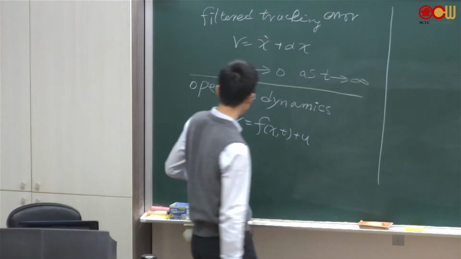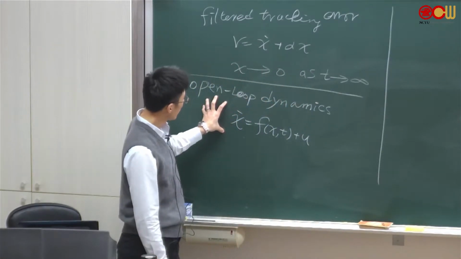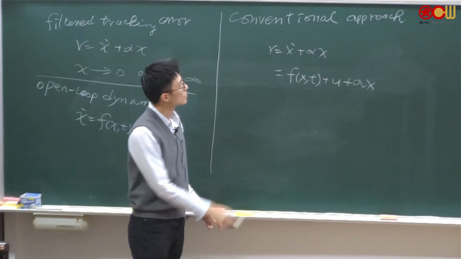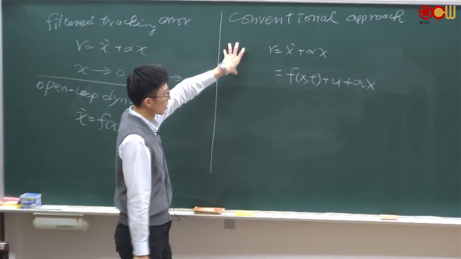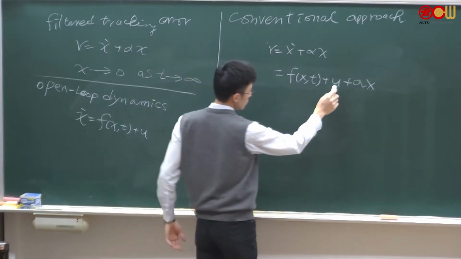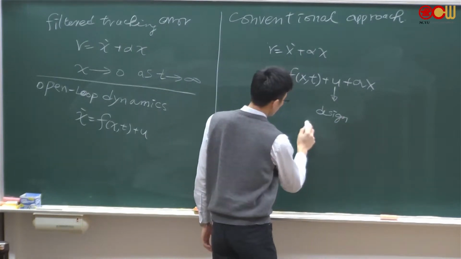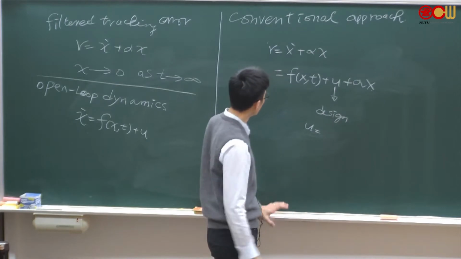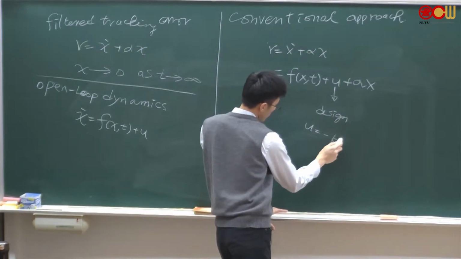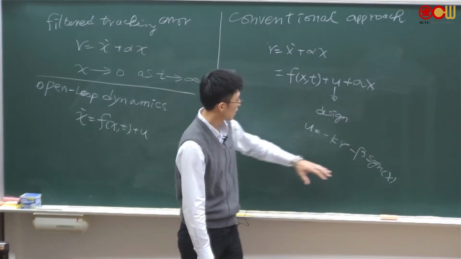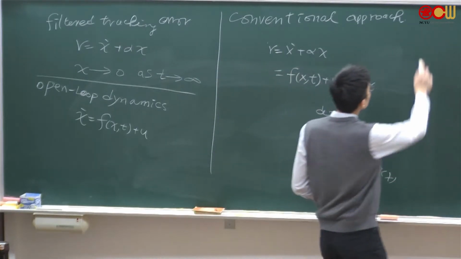Given this open loop dynamics, the conventional way to design the controller is to design u, which could be some feedback and some high frequency term. This is high frequency control.